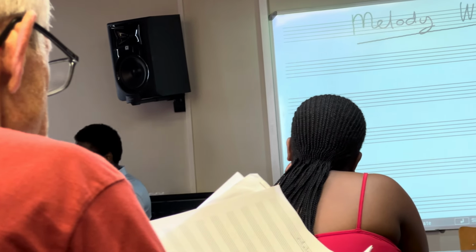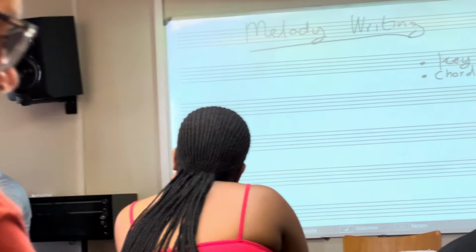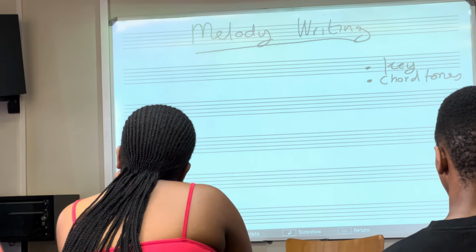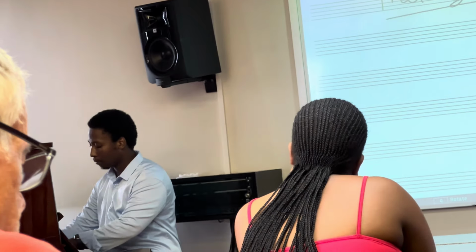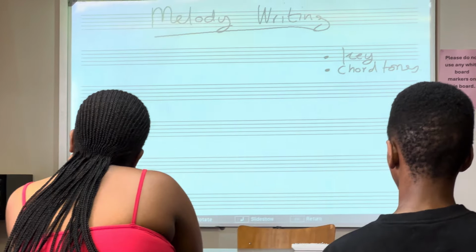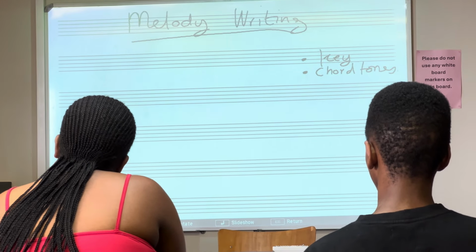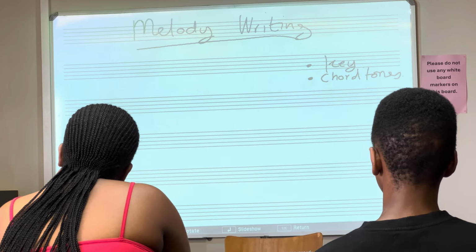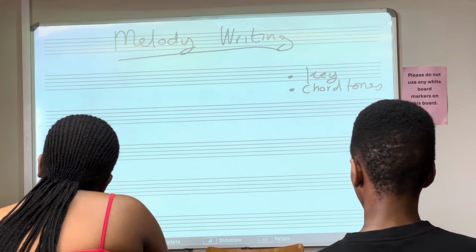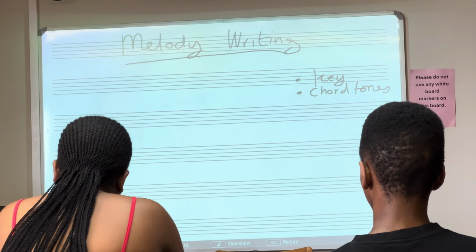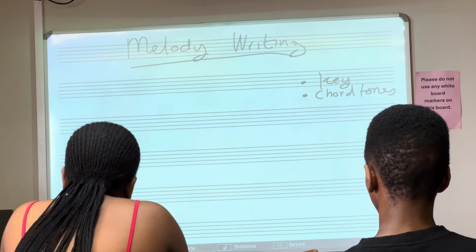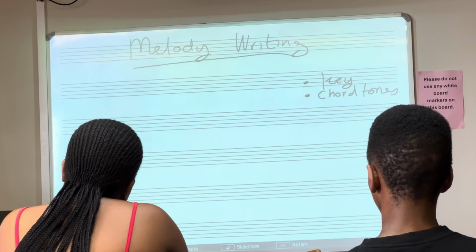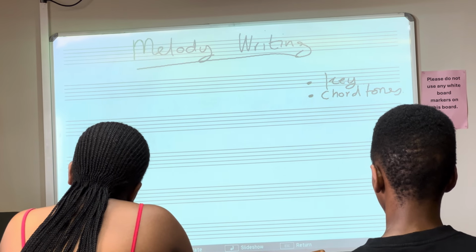The reason why it will work, that is a melody just on the first chord, just on C, E, G. I'm just playing around those chord tones because they are around C, E, G. Does that make sense?